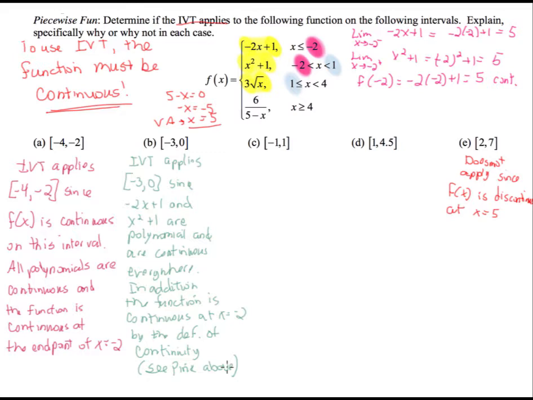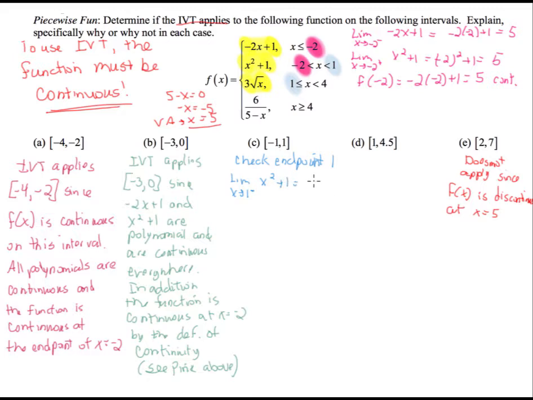Okay, let's look at interval C from negative 1 to 1. Well, I already proved earlier that the polynomial function is continuous. And I know that the radical function is continuous everywhere as long as x is greater than 0, and I'm only using that equation when x is greater than 0. So all I have to do is check the endpoints of negative 1 and 1.